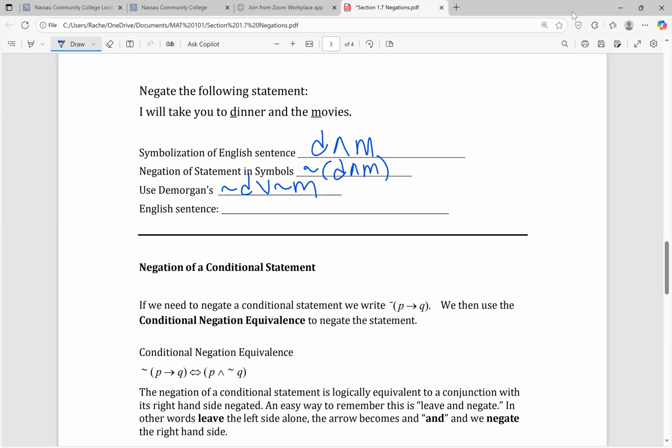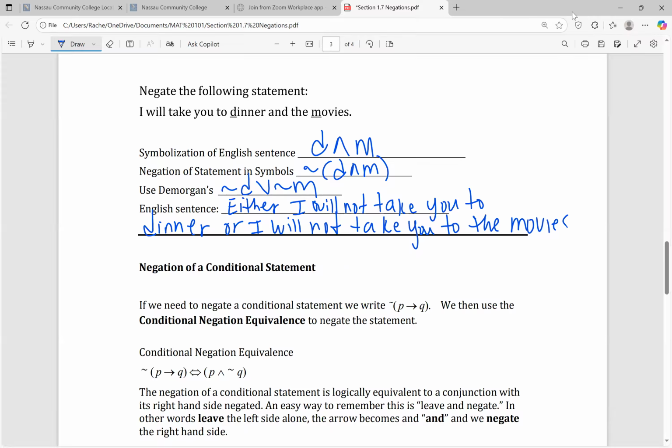And in words now, because this is an or statement, right? So it's going to be either I will not take you to dinner, or I will not take you to the movies.